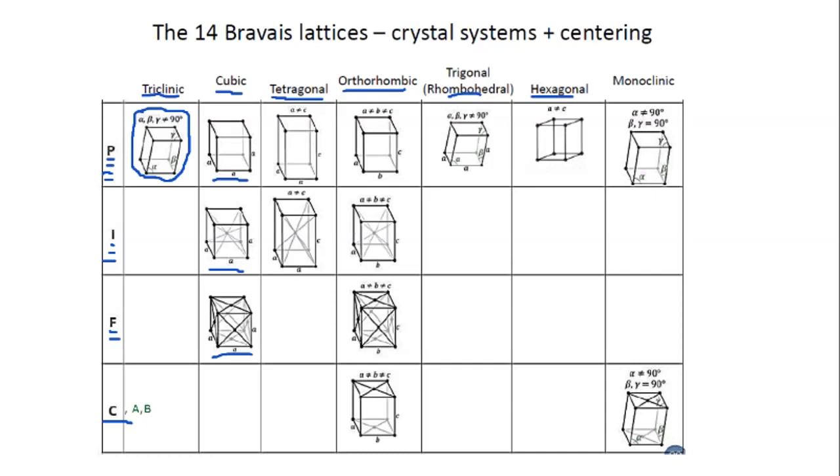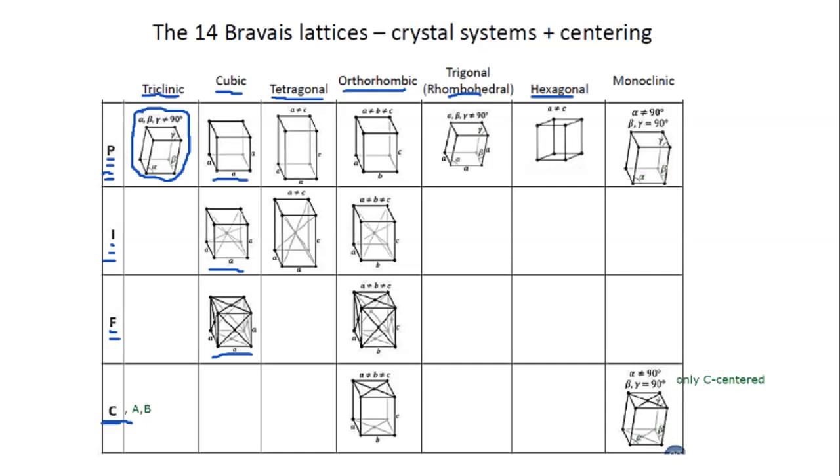Monoclinic can be primitive and it can be C-centered. Monoclinic can only be C-centered. Monoclinic cannot be A-centered or B-centered. Only C-centered for monoclinic.